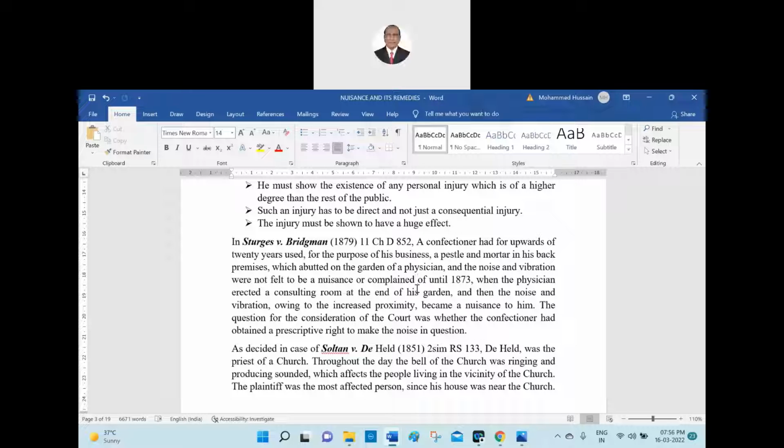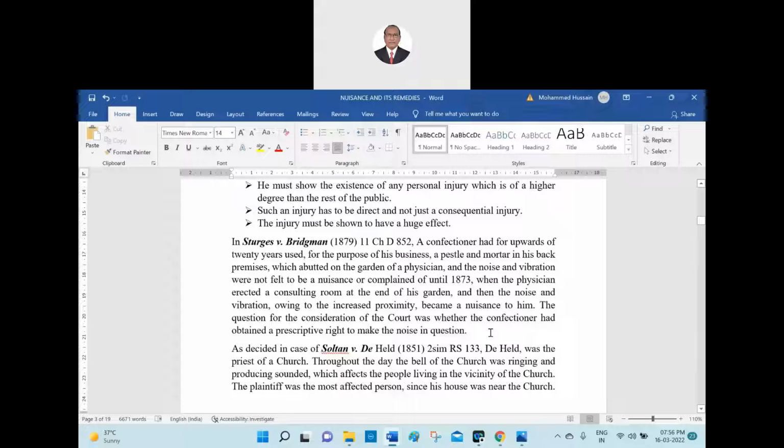But at that time, it was not a disturbance or a nuisance to him. When he opened the consultancy room and started the consultancy, from that day onwards it is the thing. From the day you got the annoyance, from that day the nuisance will start, not 20 years back. Is it clear? Yes, sir.